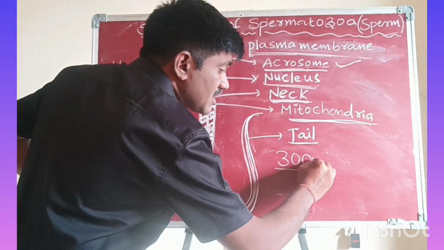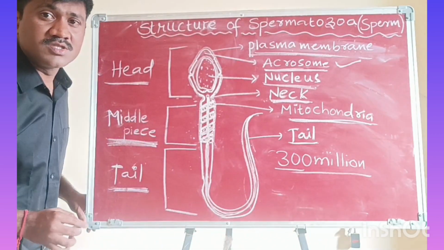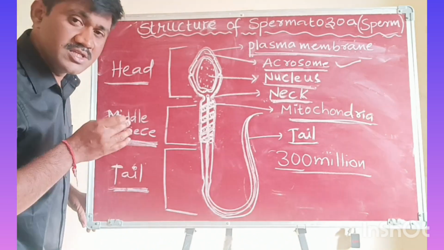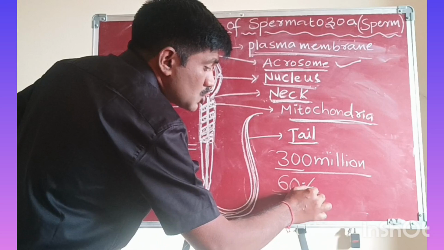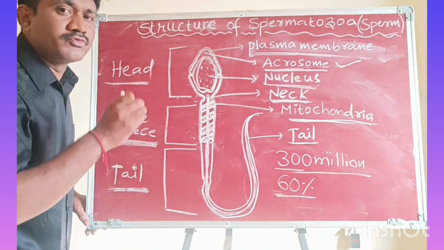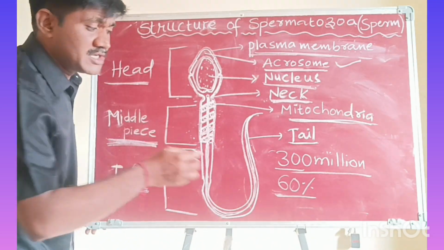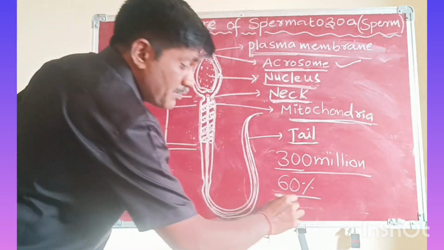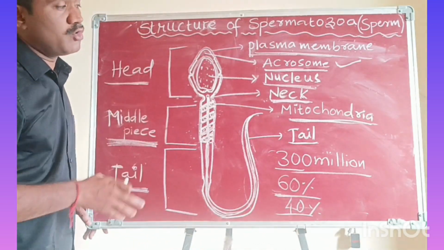How many sperm cells are released in just one ejaculation? 300 million. Of these 300 million sperm cells, 60% must show proper, normal shape and size to fertilize the ovum, and 40% must show vigorous movement, then only they can fertilize the ovum.